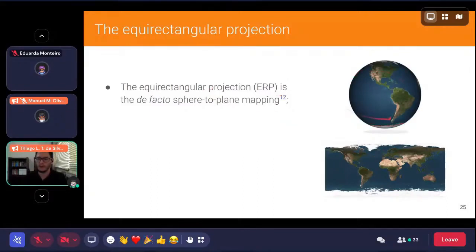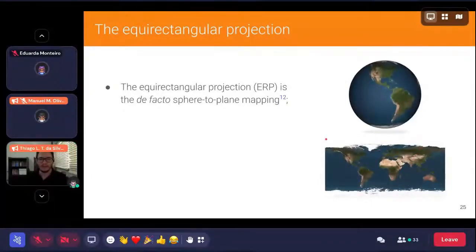Okay, so we may agree that the Earth is rounded. It's the globe, and we commonly see the Earth, the world map, as a 2D planar projection.